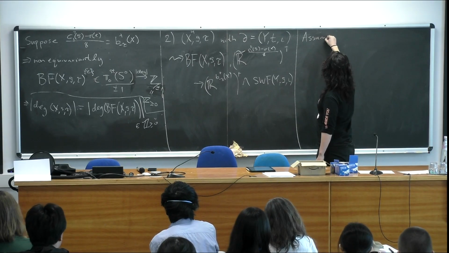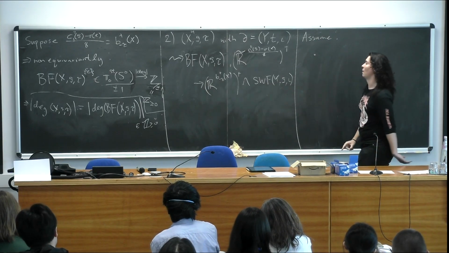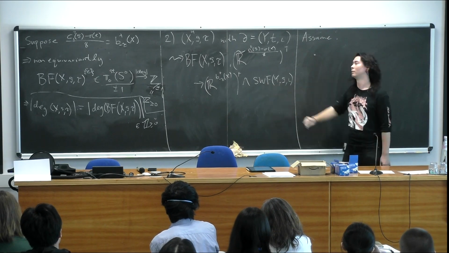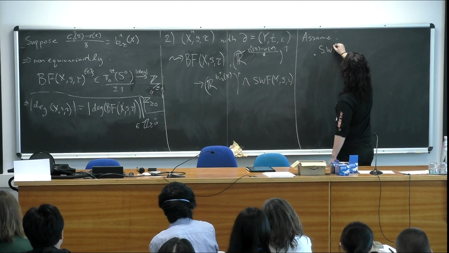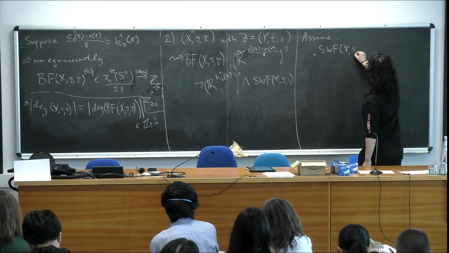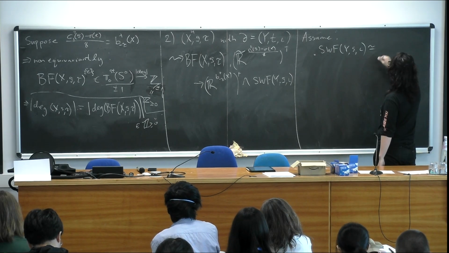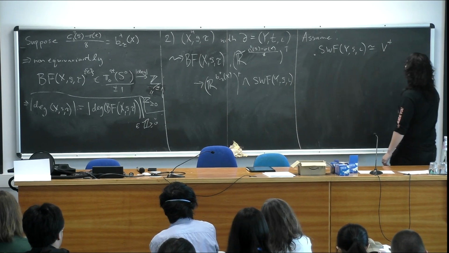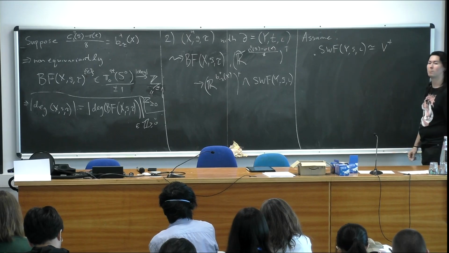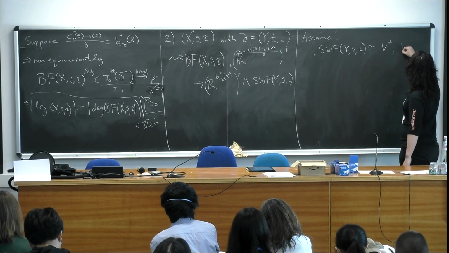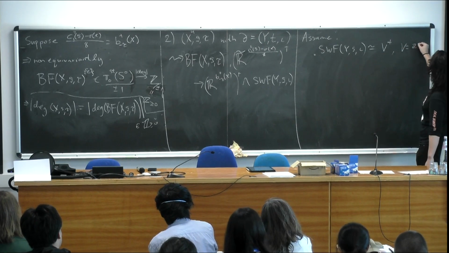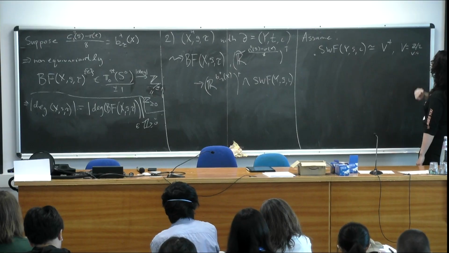So I'm just going to assume this guy is a sphere. Assume that the Floer stable homotopy type of Y, t, iota is homotopy equivalent to the one-point compactification of some vector space V. V is like a Z2 vector space.